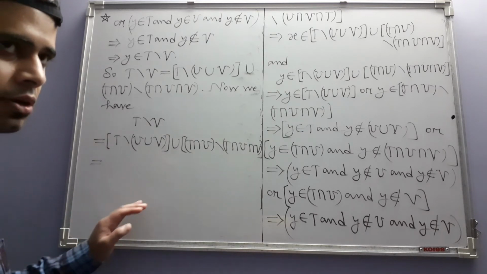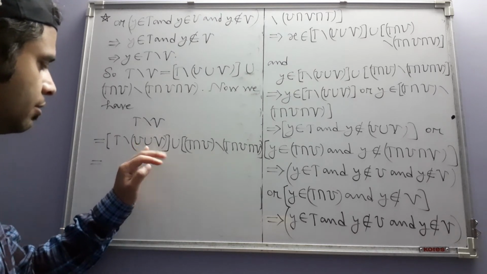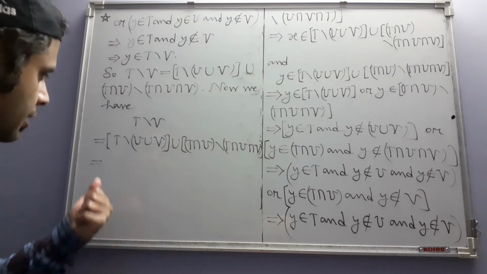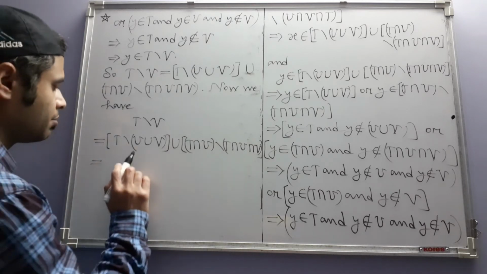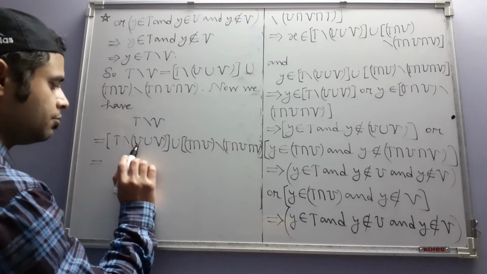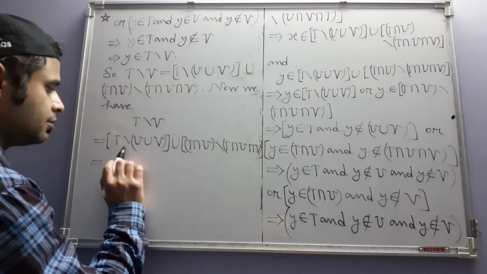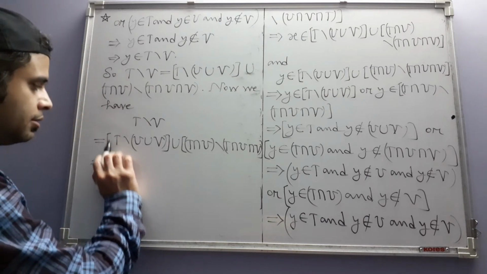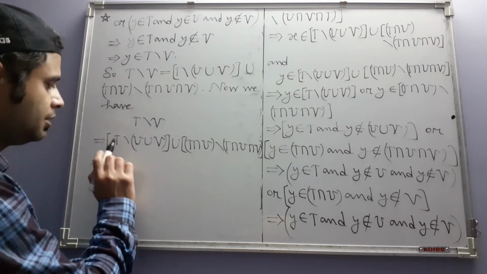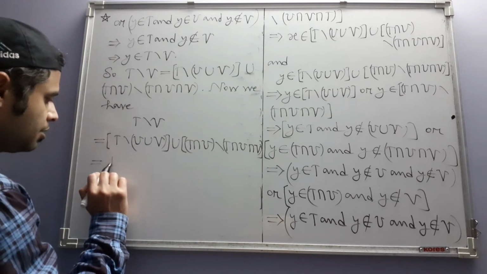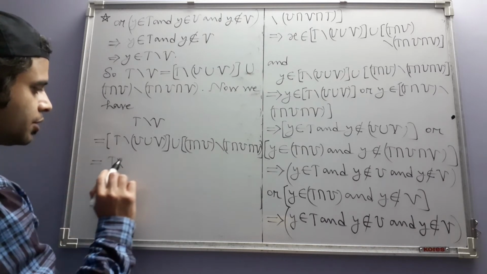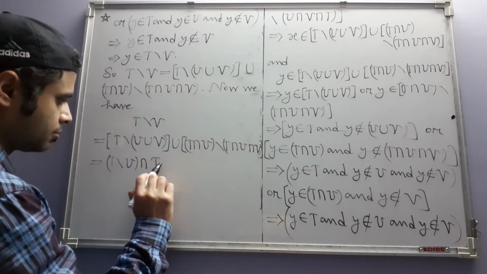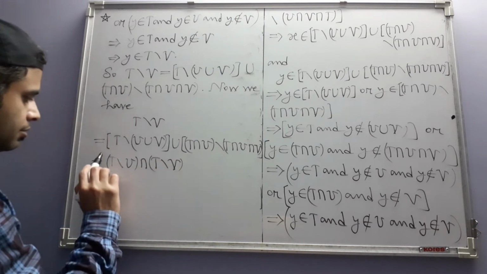What does De Morgan's laws say? They say that the complement of the union is equal to the intersection of the complements. It's also something like that, although we don't have complement here, but general difference. We are taking the complement of U union V in T. You can say that this difference is the complement of U union V in the set T. So it will be the intersection of the complements, complement of U in T intersection complement of V in T.